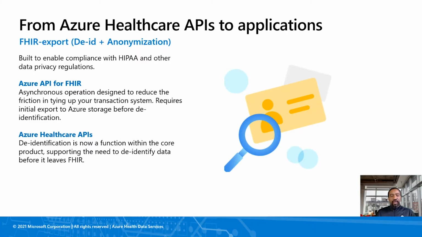So we've got a capability built into API for FHIR where you can actually call $export, provide some query parameters, and then that data will be written out to Azure storage. And at that point in time, you can pick it up with your favorite data analytics tools, whether that be Azure Synapse, Databricks, or if you just wanted to work on the data using Python, any other scripts that you might want.